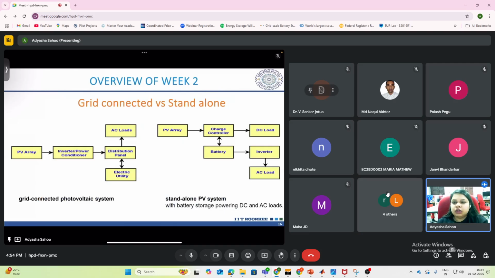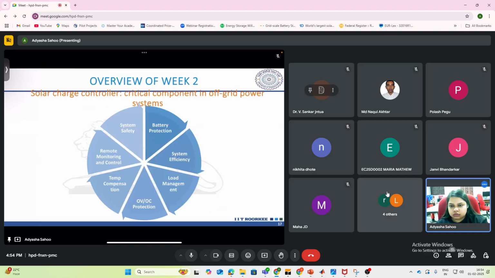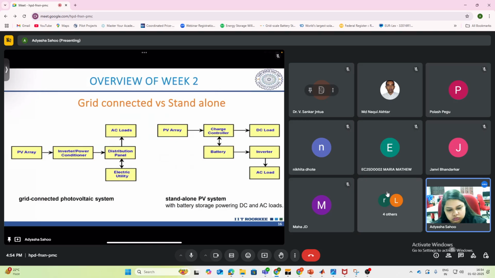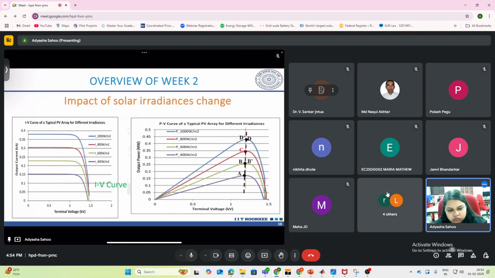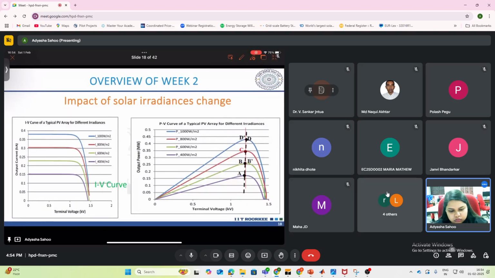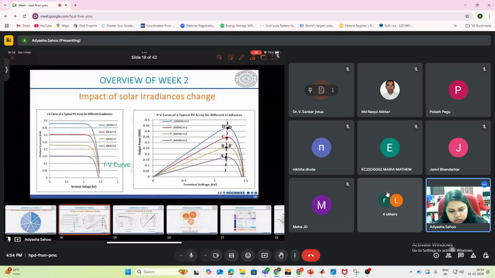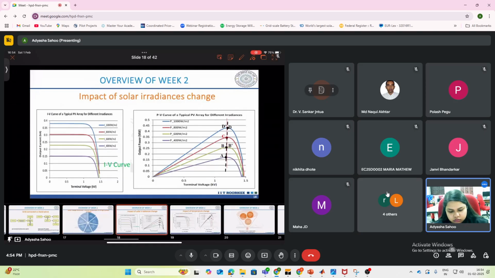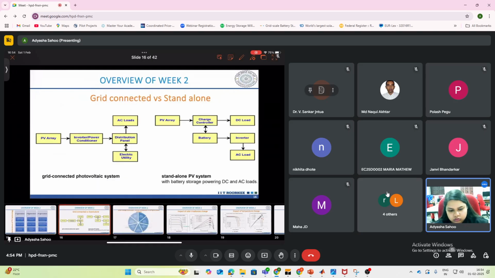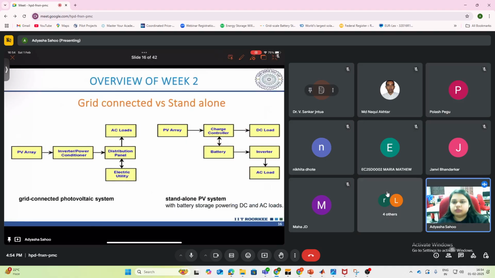Then next we have grid connected versus standalone operation. We'll see how the architecture changes in both these configurations.